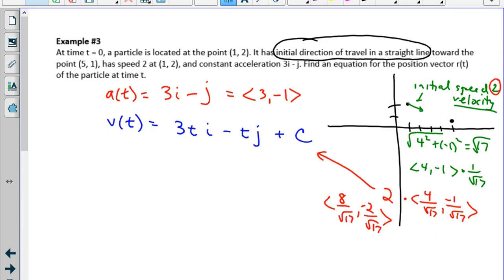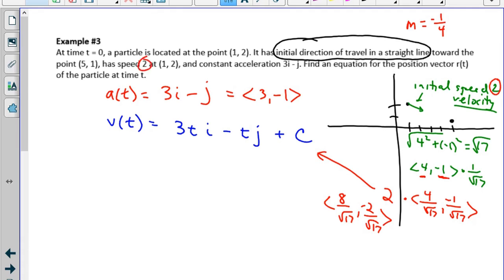So that's kind of an important thing. You have to understand that the slope of this, if we're thinking in Algebra 1 terms, is negative 1/4. So that means that my vector has to be going in that direction. So the y component has to be negative 1, the x component has to be 4, and then we want to unitize it and then multiply it by 2 so that our speed is exactly what the problem tells us the speed is at that point in time.